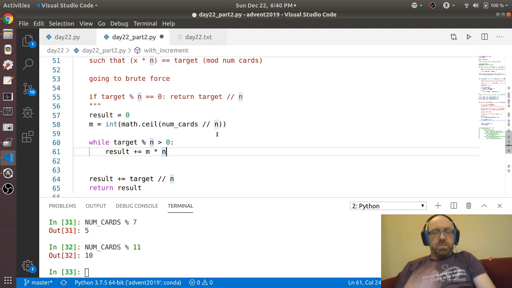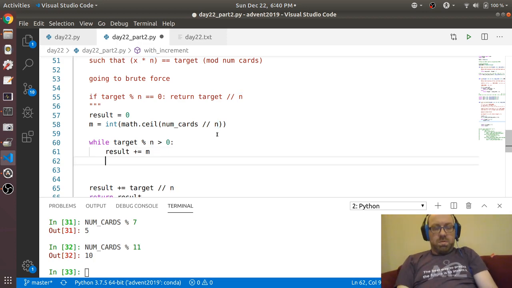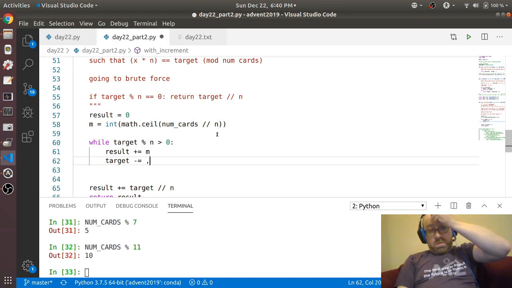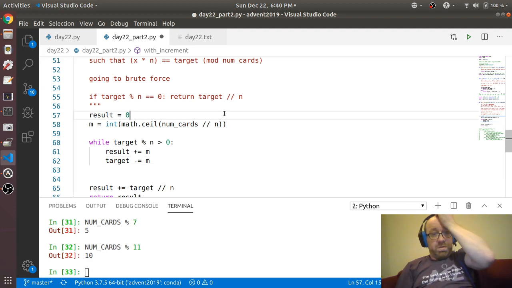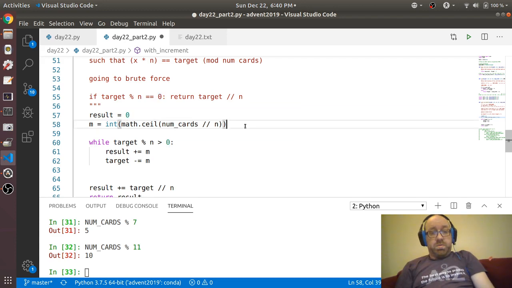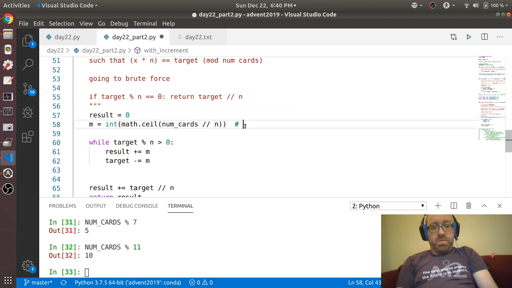Result plus equals m, target minus equals, no, I'm really confused myself here. So here, num cards equals 10.